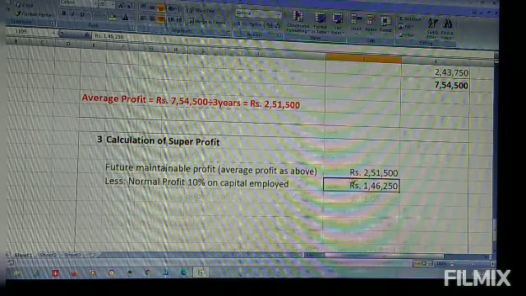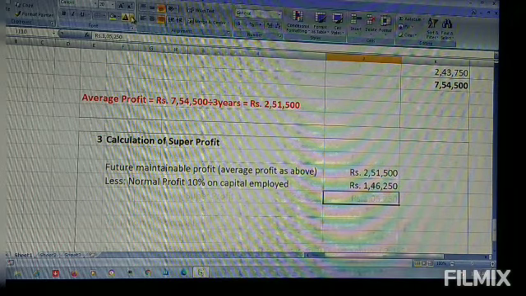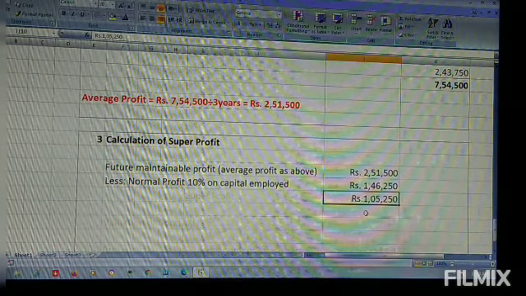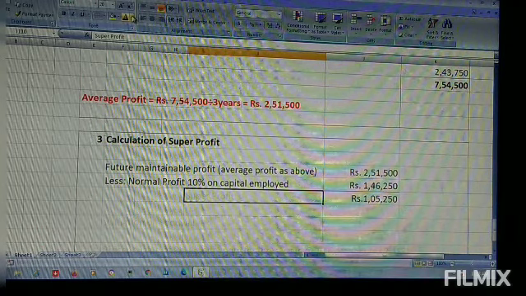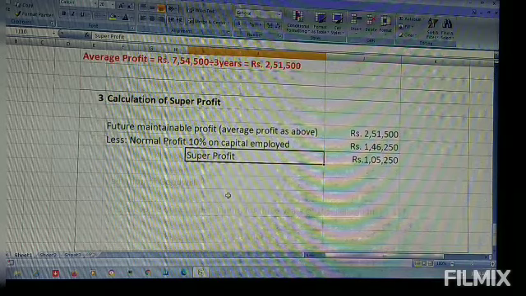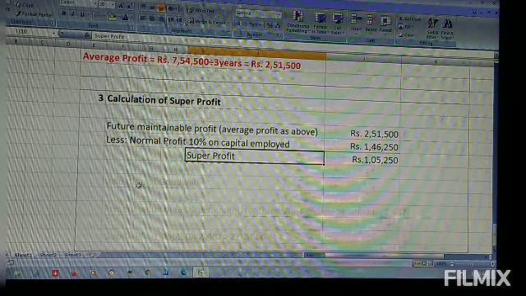Find the difference: the average profit minus normal profit is 1,05,250. This is nothing but the super profit. Now we'll go for valuation of goodwill.